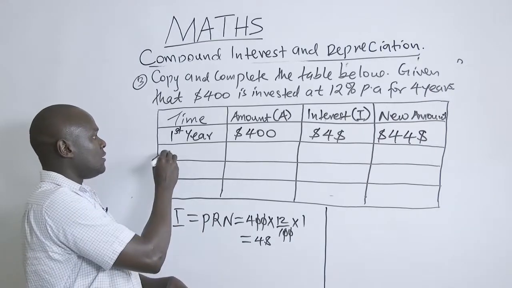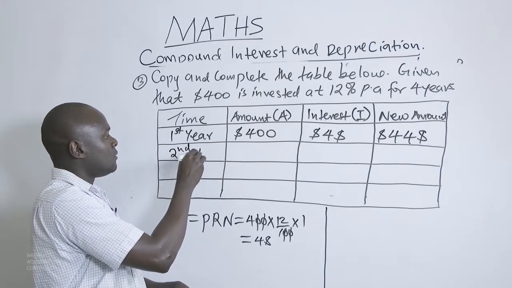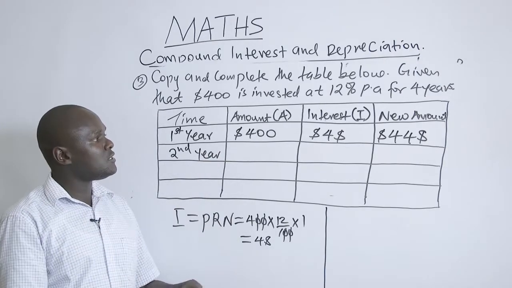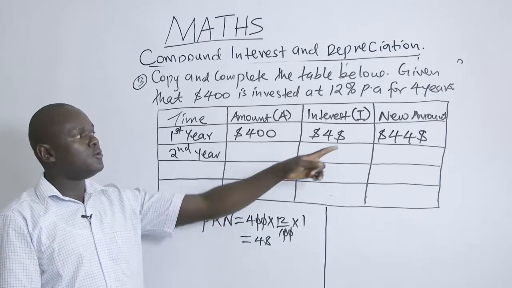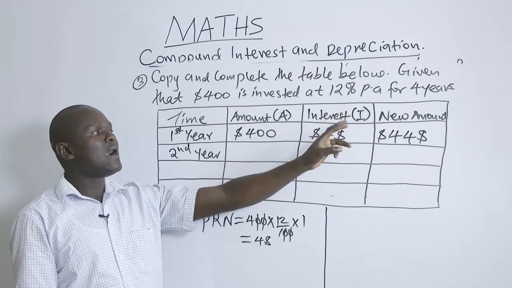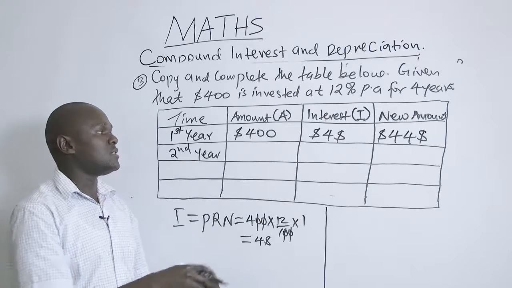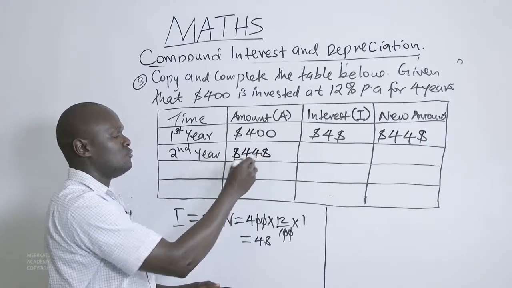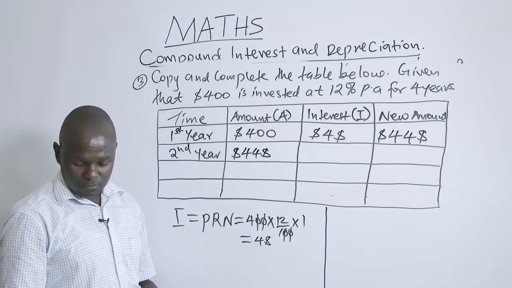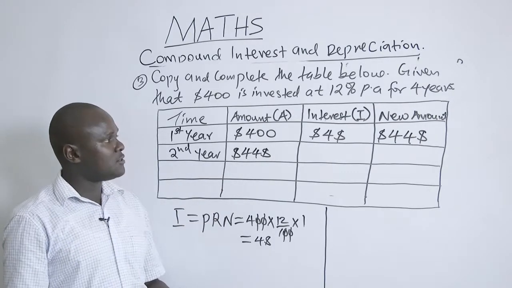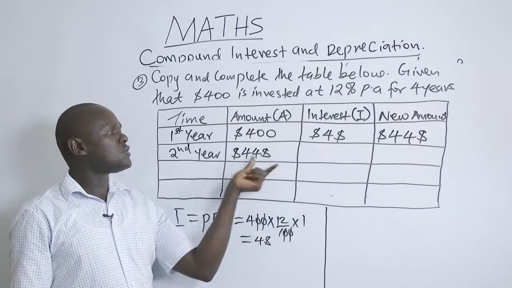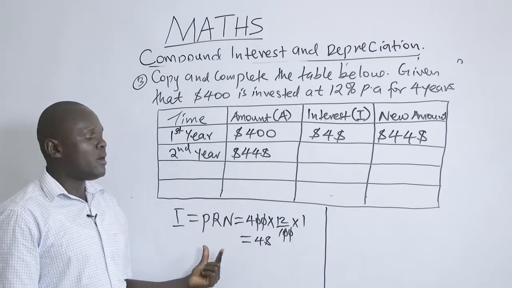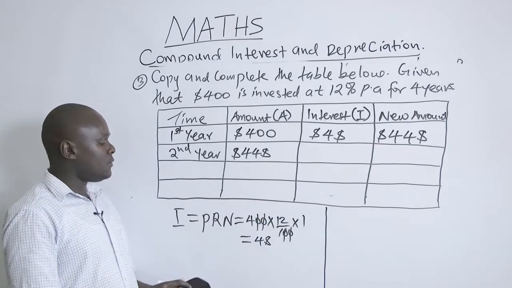During the second year, remember this is compound interest. During the second year, what will be the amount? The amount will be that bank balance at the end of the first year. This will be $448. How much interest will this amount attract during the second year? We go back to our simple interest formula.